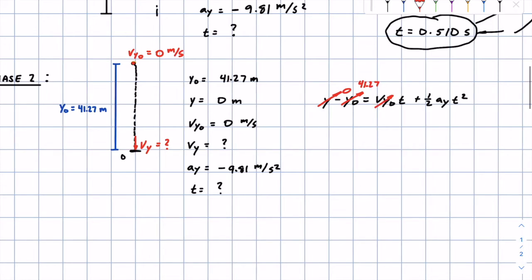The initial velocity is 0. We don't know time. Acceleration is negative 9.81 meters per second squared. So plugging all this in, we get negative 41.27 is equal to negative 9.81 t squared. And solving for t, we get 2.90 seconds.